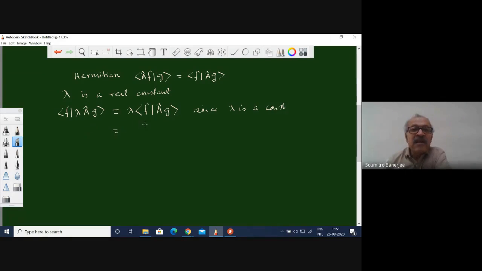And we can then take A to this side, because it is a Hermitian operator, we can write it to this side. This is since A is Hermitian.